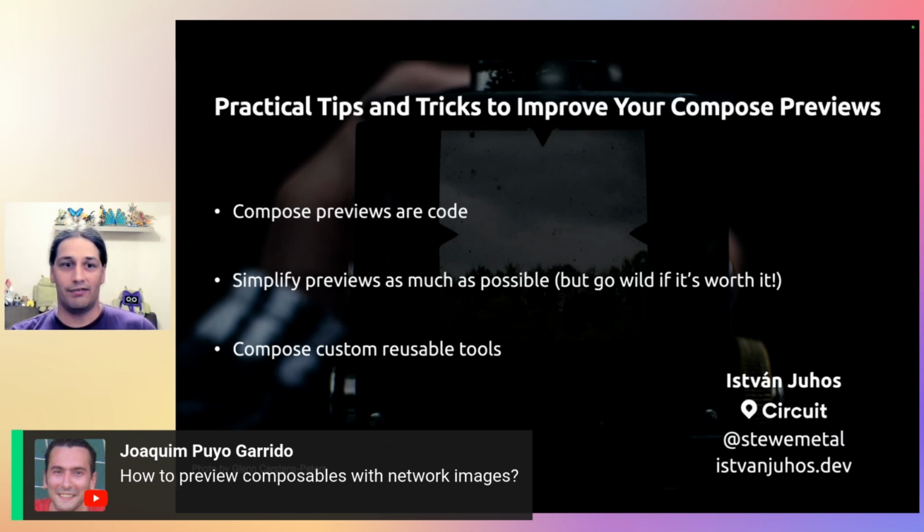And if you have to load network images, in your production composable, you can just check if you're in edit mode and just display a static image there in preview. That's quite easy. That could be the solution for every dynamic content that you don't know at the time of the preview rendering. Just fake it.